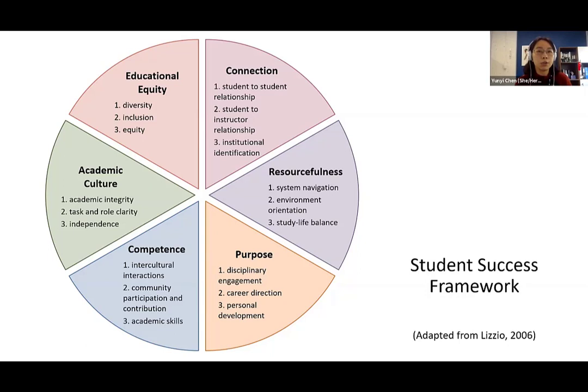So a sense of equity is also important for our international students. So this requires us to recognize and appreciate the diverse ways of being, thinking, and knowing our students bring into our class, and value and respond effectively to the cultural diversity and multiplicity of identities.